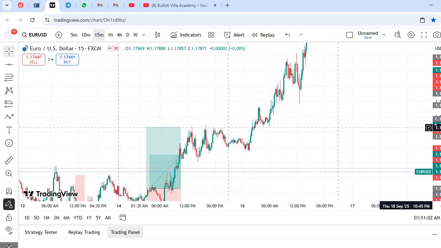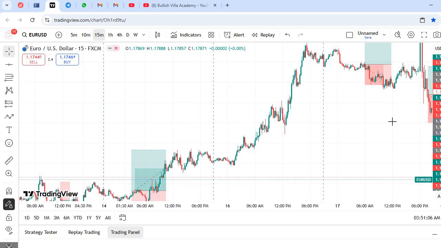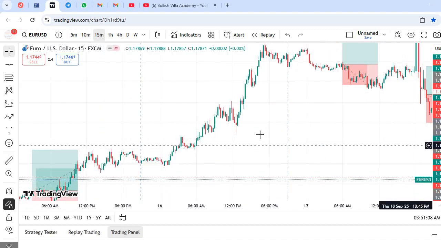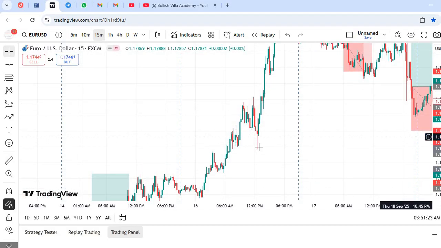Then on the 16th, the market was also bullish, but the market took off on time, so I couldn't enter the trade. When I got to the chart, I think the price was already around this area, so I didn't even anticipate that there was going to be this retracement.